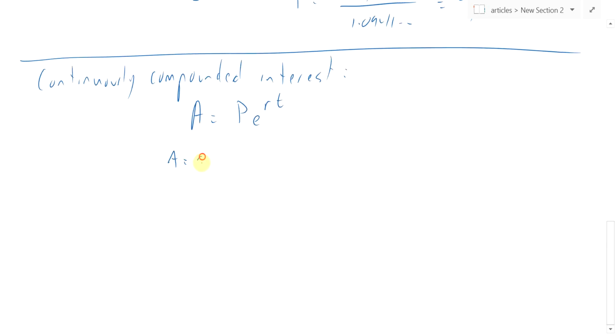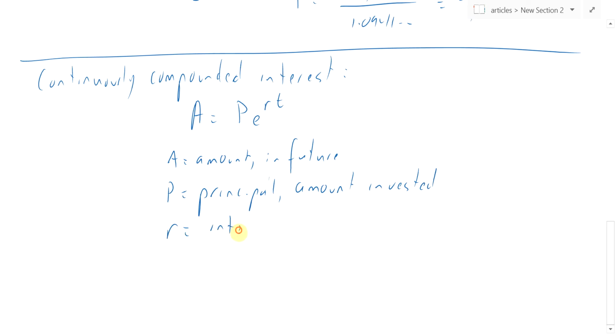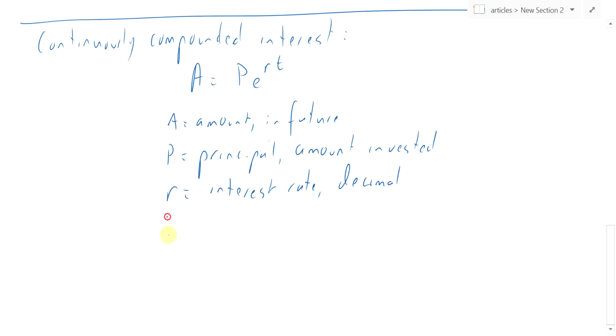And A is, again, the amount in your account in the future, because you've invested money and you're waiting for it to grow. P is the principal. That's also the amount you invest, how much you put away into your bank. R is the interest rate, and again, that's a decimal. And T is time, and time is always in years.